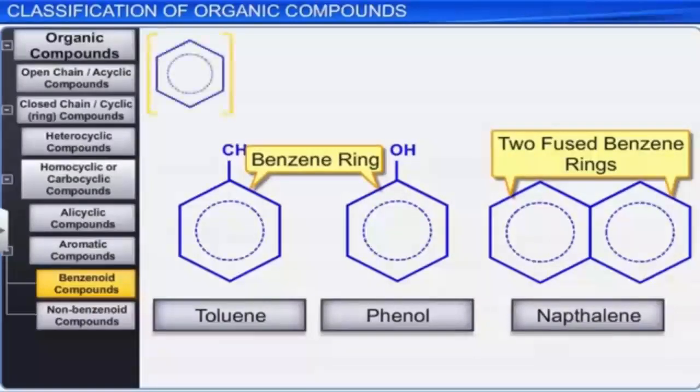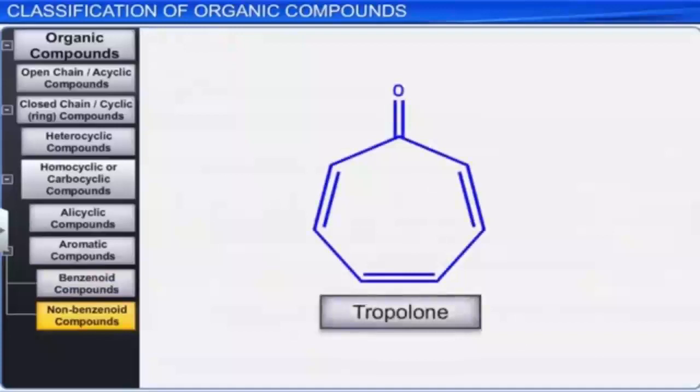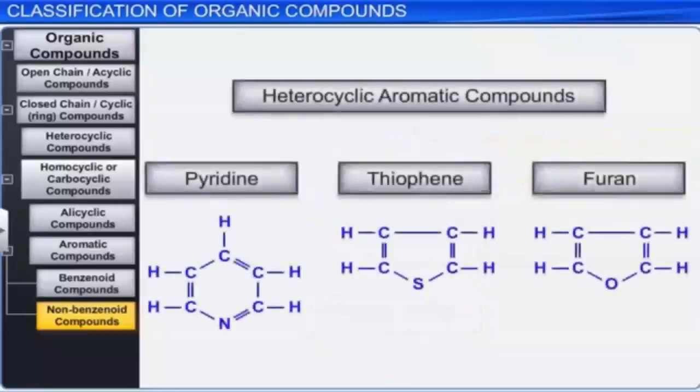Benzene is the parent compound in benzenoid derivatives. A non-benzenoid compound is one that does not contain a benzene ring, for example, tropolone as shown here. There is another class of aromatic compounds called heterocyclic aromatic compounds.